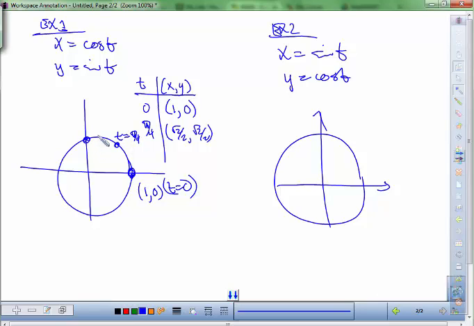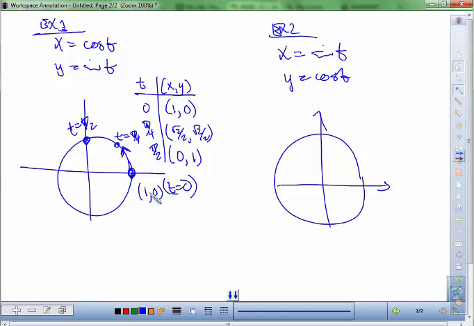Let's do one more: when t is pi over 2, the cosine of pi over 2 is 0 and the sine of pi over 2 is 1. So with these points, you can tell that our graph is being drawn out in a certain way, starting from some point and then drawing a curve in a particular direction.